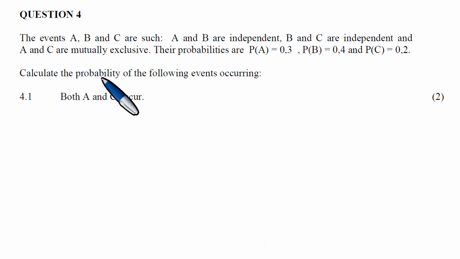Which means the probability of A and C is equal to 0. Why is it equal to 0? The reason is that A and C are mutually exclusive.